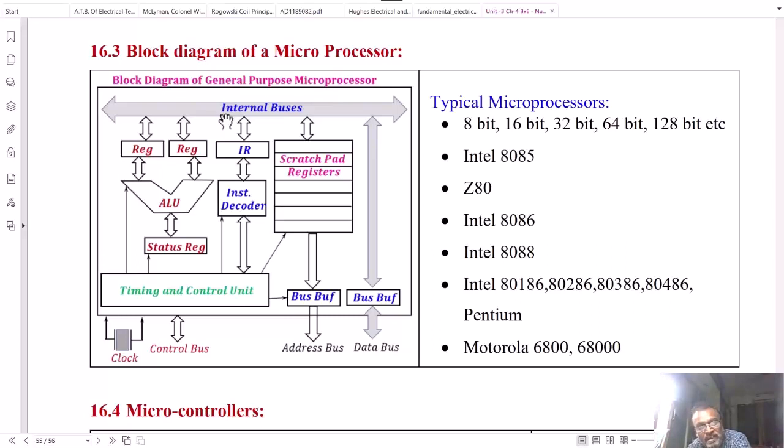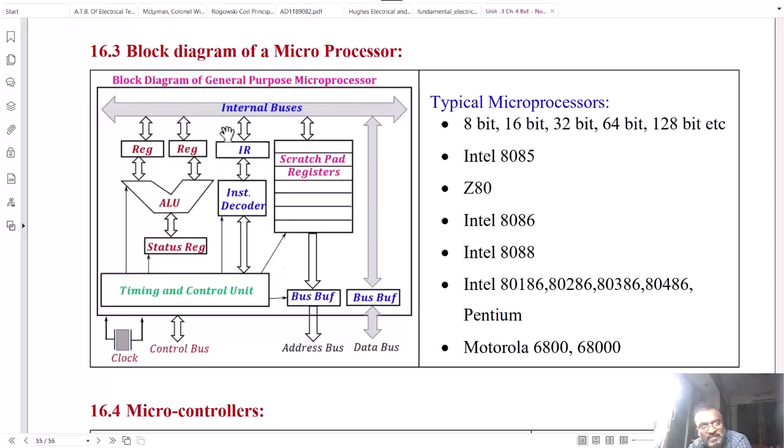Programmability is implemented in the processor using a special building block called the instruction decoding block. There are two blocks in this. The instruction register holds the operation code received from the external memory.